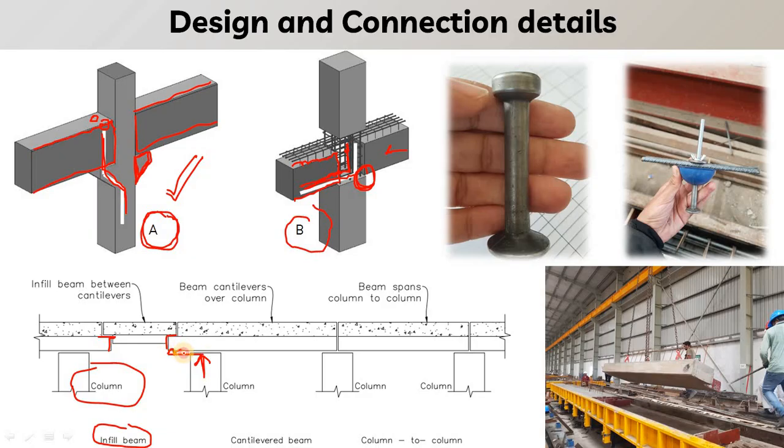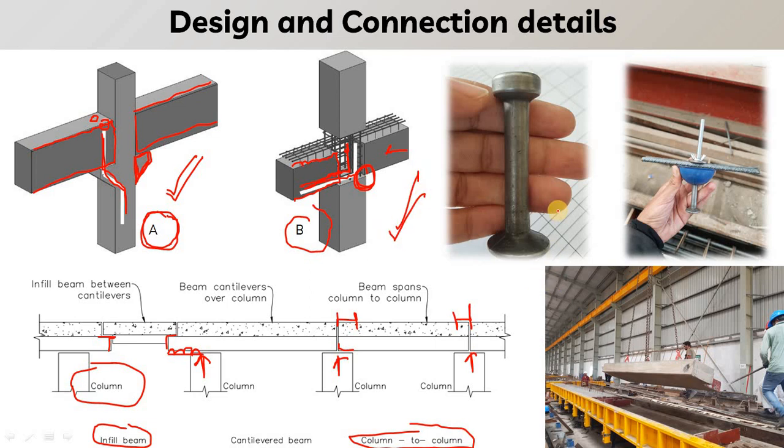So either it can be a cantilever beam, as well as we have column to column connection, in which we have a column on both of the ends, and the beam will be rested on the required bearing. So this is the bearing on both sides. Minimum bearing is used. So this is the type B that we have discussed.